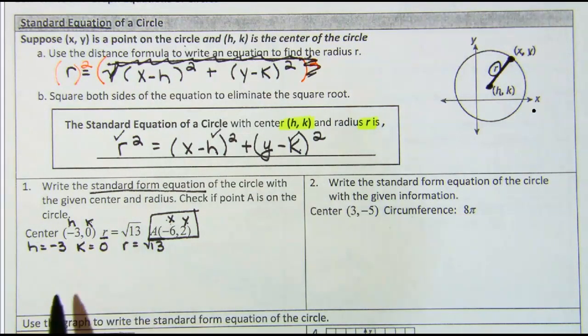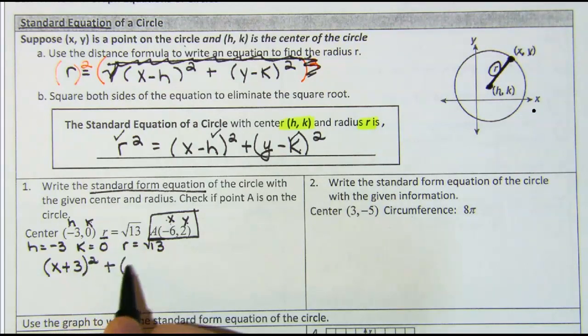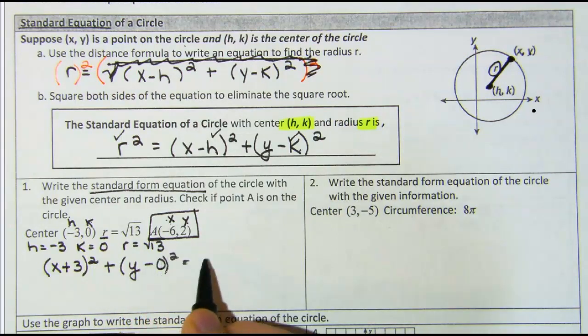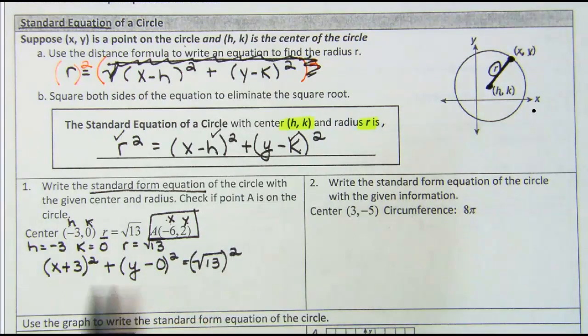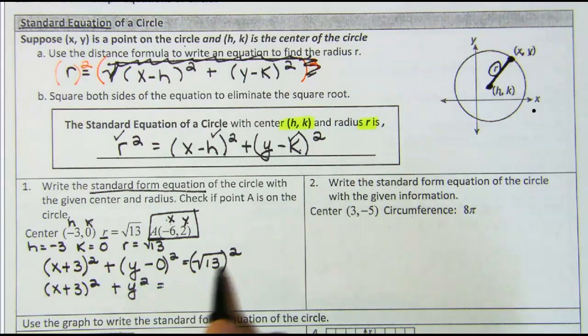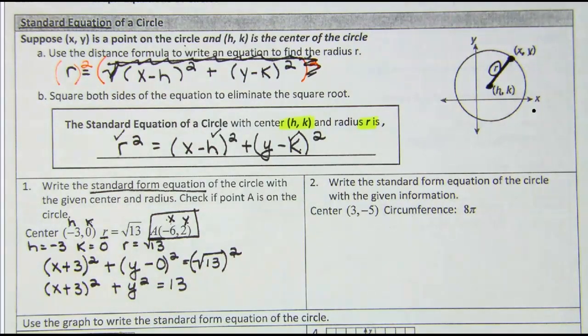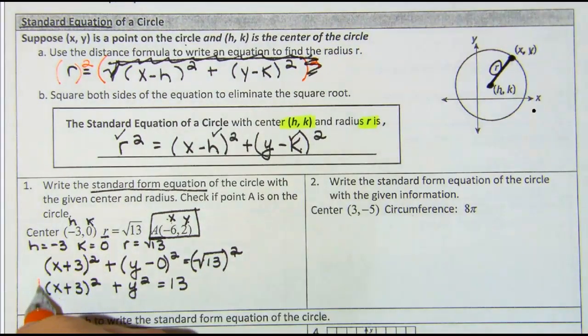So here we go. x minus h, so that will be minus a -3, so plus 3, squared, plus y minus k, which in this case is 0, equals the radius squared. So now cleaning this up, we have (x plus 3) squared plus y squared equals, the square undoes that square root, so that is 13. So the equation for the circle is right here.